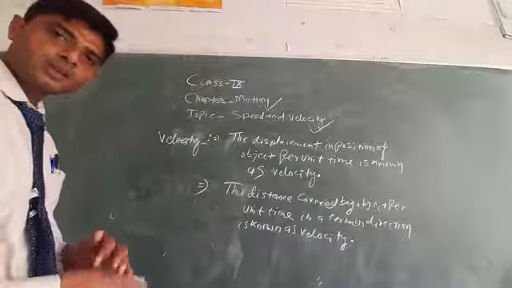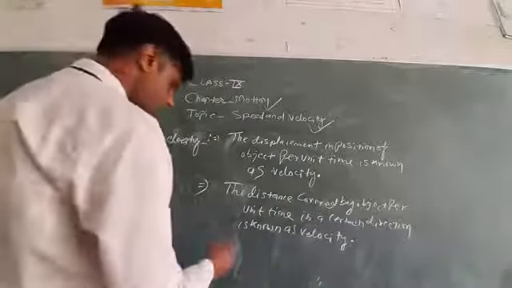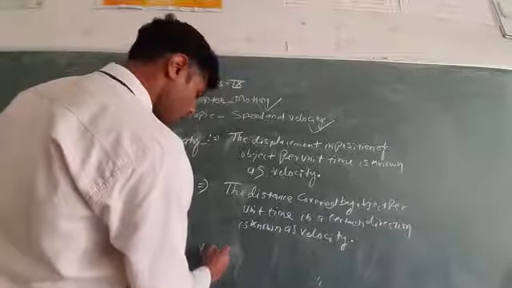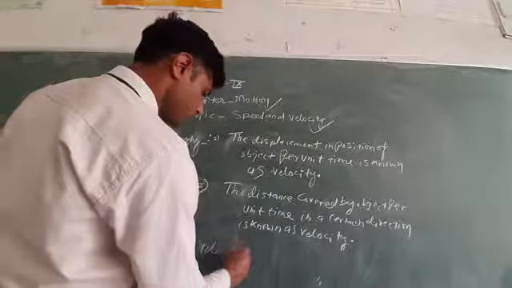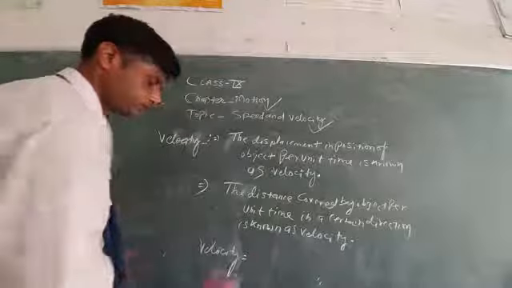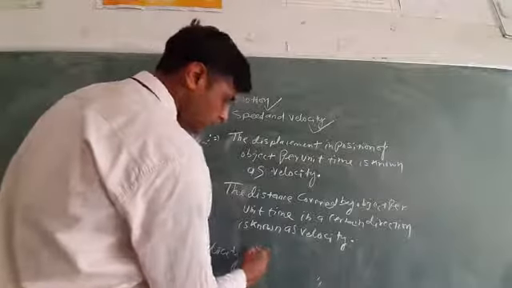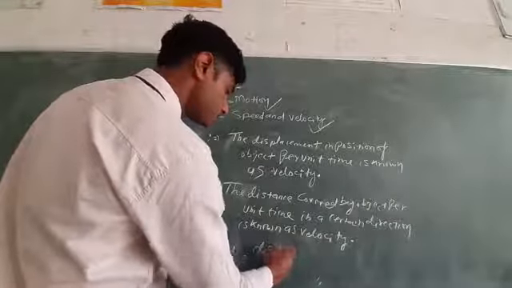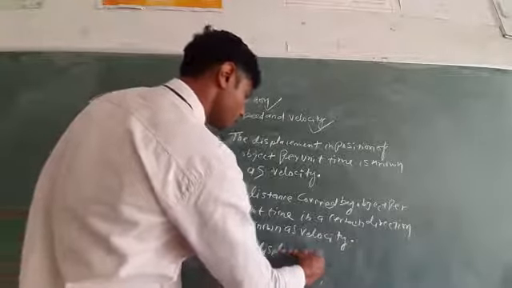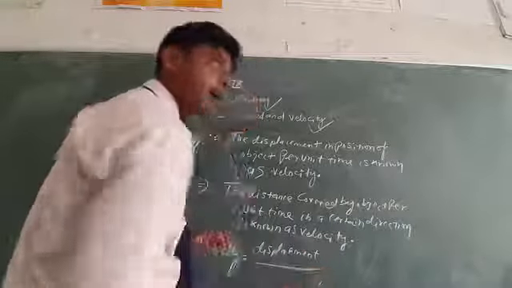Okay, so in other words, you can say velocity is equal to displacement divided by time.